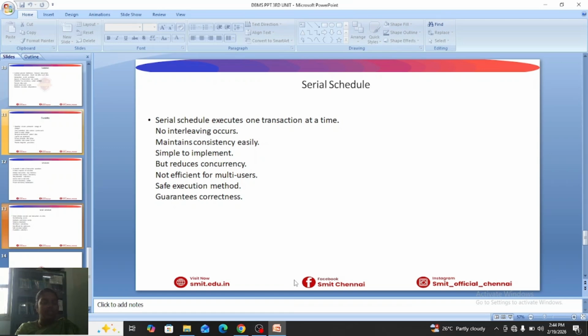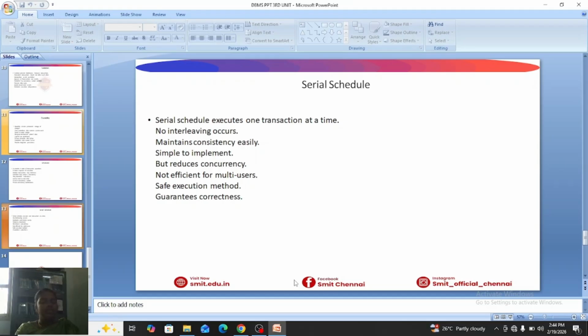Make a note of it, okay? T1 reads A and writes A, then T2 reads B and writes B. Here T1 completes first. T2 starts only after T1 finishes. There is no interleaving, so it maintains consistency easily.